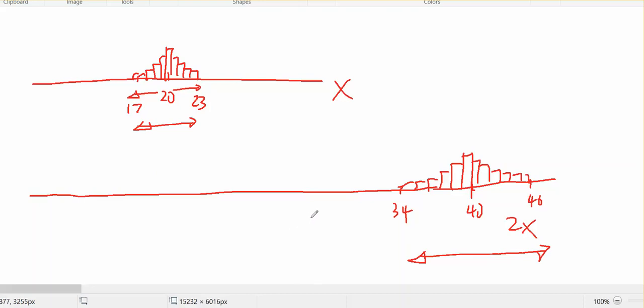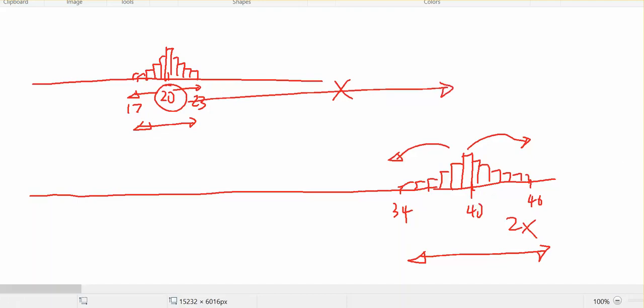It's actually 4 times bigger. It's doubled in this direction, and doubled in this direction in relation to its spread. However, the mean just got moved over 20 units. It got doubled.